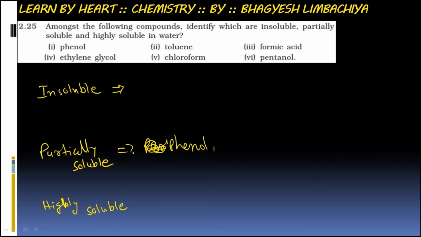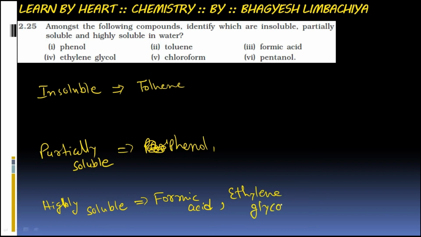So phenol is partly soluble because of having a benzene ring. Toluene is insoluble in water. Formic acid is highly soluble because it forms an intermolecular hydrogen bond with water. Ethylene glycol is also highly soluble because of having OH group.